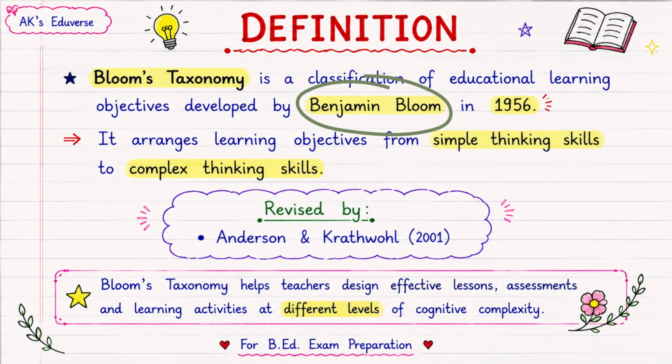An interesting point to remember is that this taxonomy was later revised in 2001 by Anderson and Krathwohl, where the names were changed into action verbs like remember, understand, apply, analyze, evaluate, and create.